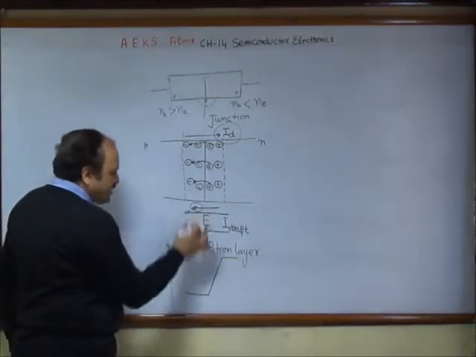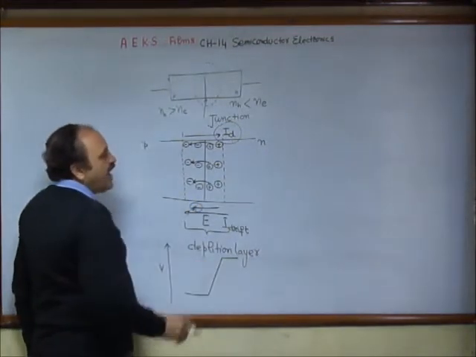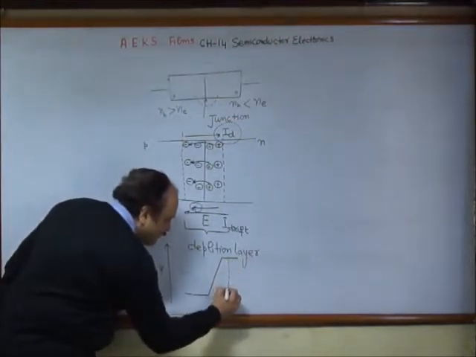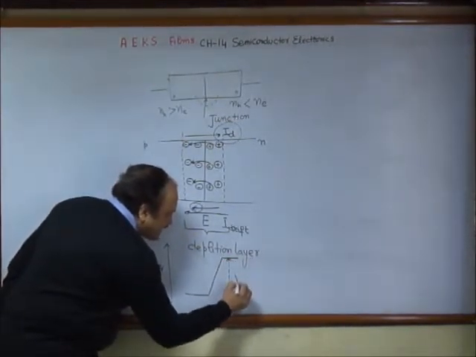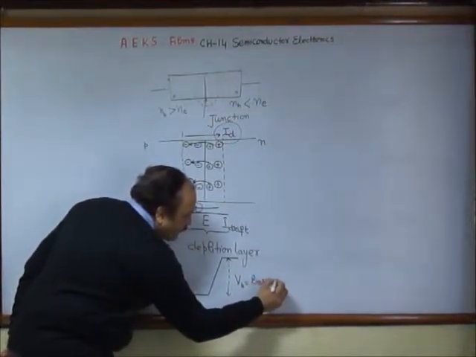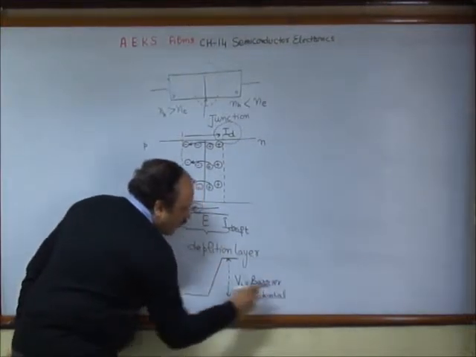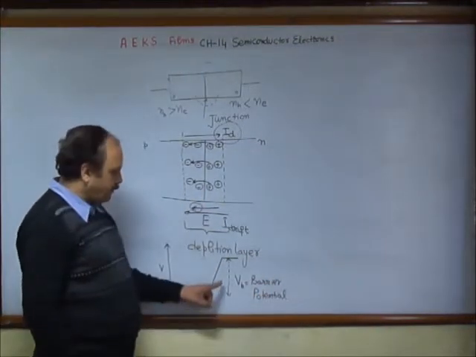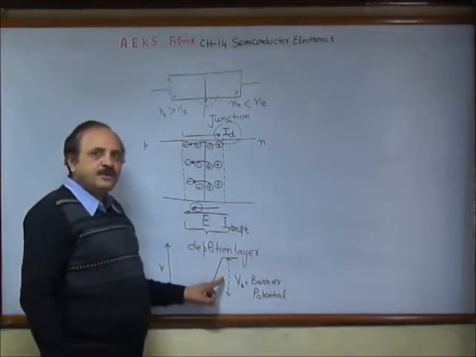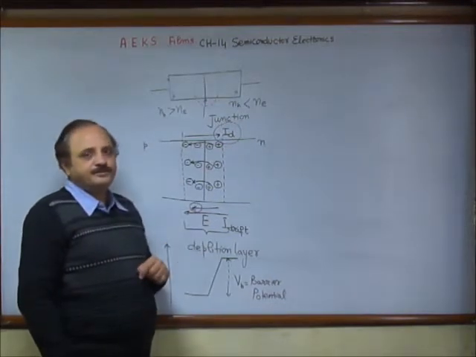Due to this negative charge it is lower, and due to this positive charge it is higher on the N side, and this difference is known as the barrier potential, normally represented as VB. It is only a fraction of a volt, but plays a great role in the working of the diode.